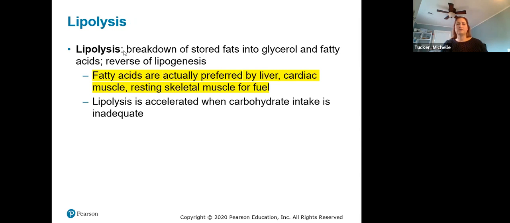Lipolysis, you start with triglyceride and end with glycerol and fatty acids, and it is going to be accelerated or stimulated with low carbohydrate intake, lower glucose levels. You should know that fatty acids are preferred by the liver, heart, and skeletal muscle, whereas glucose is going to be the primary fuel for the brain.